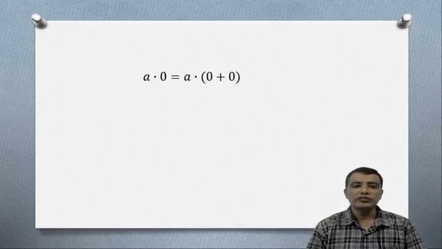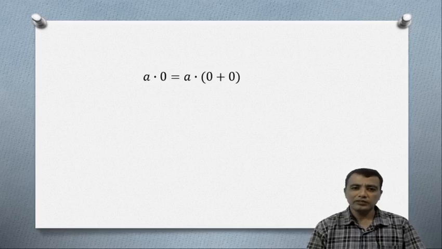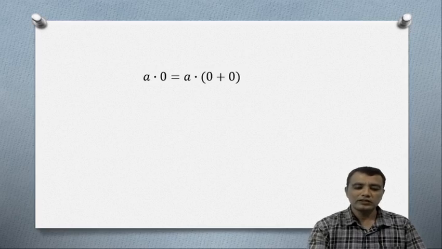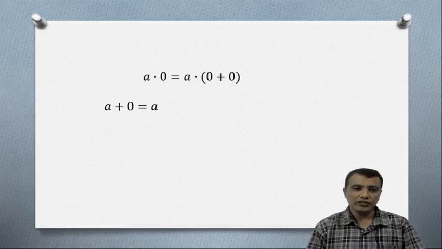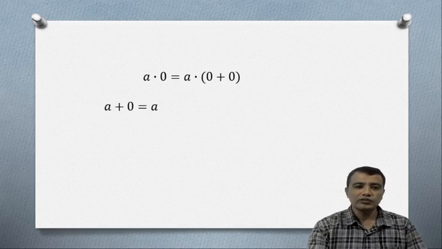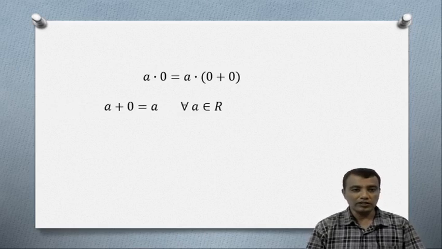Now, A into 0 can be written as A into 0 plus 0. But 0 can be written as 0 plus 0. From the definition of ring and the property of identity element, A plus 0 is equal to A, and this is true for all A belongs to R. So that is the property of identity.